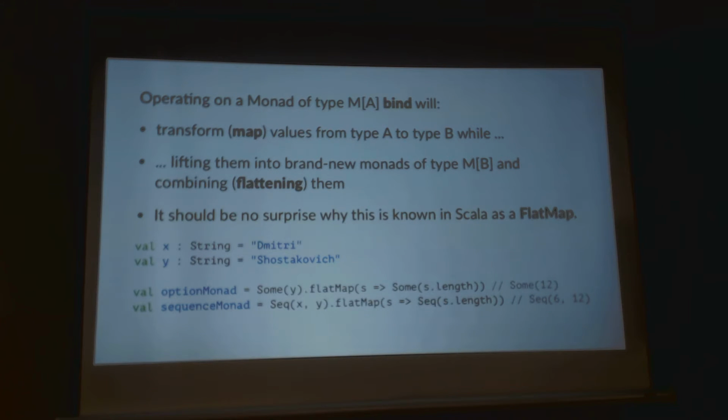But with the bind operation, it makes it possible to lift these nested operations and merge them so that you're flattening the values. As a result, you have Some(12) as your actual value. For sequences, you'd have 6 and 12, because Dimitri is 6 letters, Shostakovich is 12 letters, so that would be flattened as well. So flat map works the same way across different types of monads.